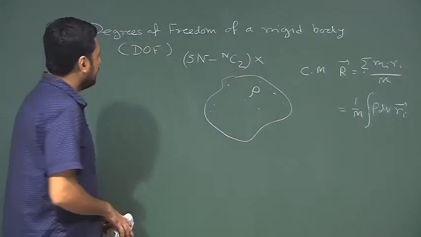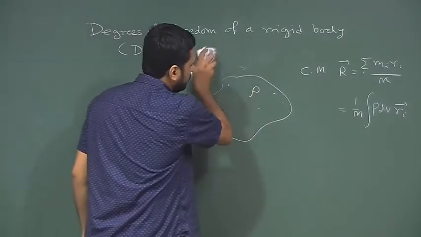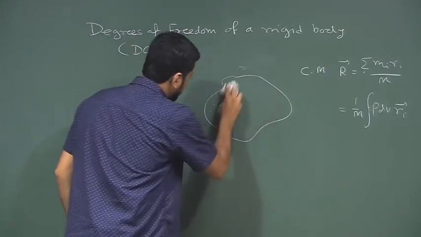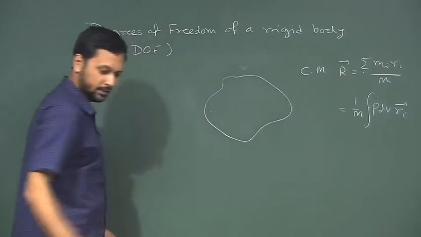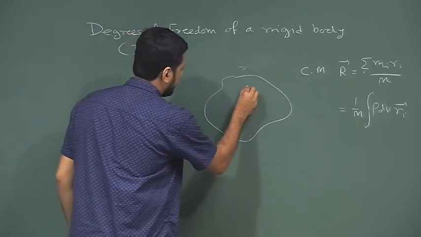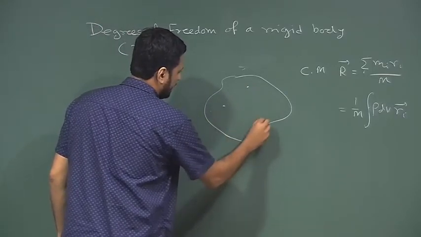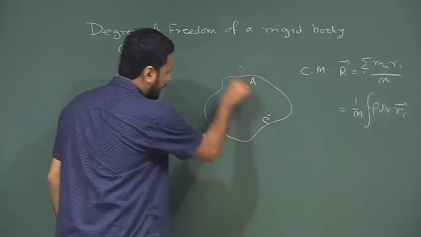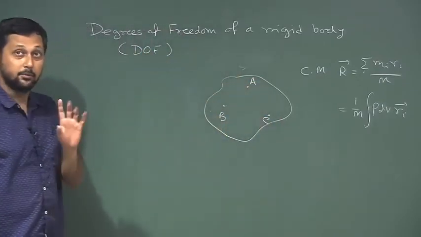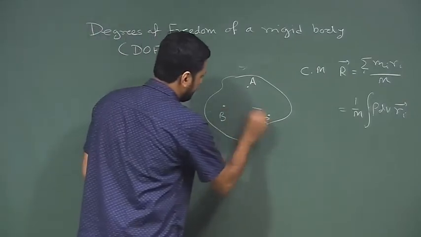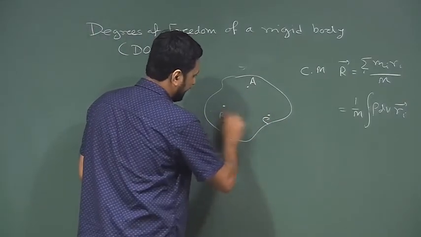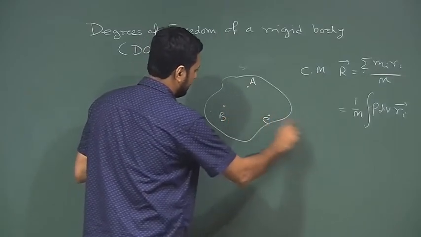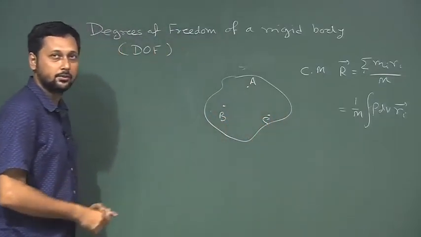Instead, in order to get the degrees of freedom, let us do one thing. Let us take 3 points in this rigid body. There are many points, we will just take 3 points A, B and C, which are not lying on the same line. That is very important, because if we take 3 points or as many points on a straight line, this purpose will not be served.